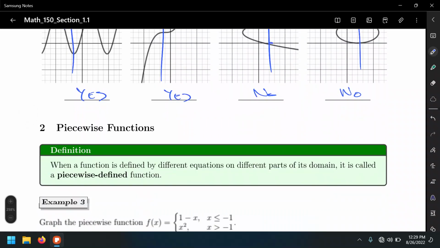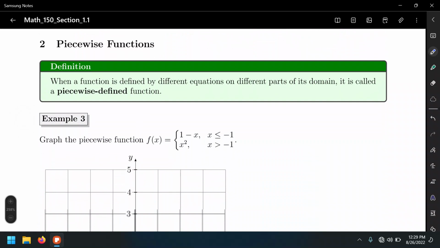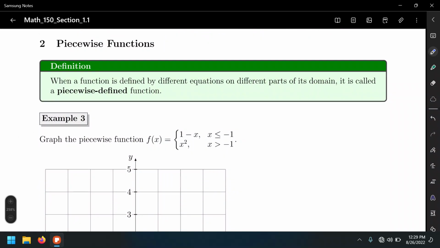Another piece of information is piecewise functions. In this case we need to take into consideration the parent functions: x squared, the opening up parabola, the diagonal line, the cubic, the V-shaped one, which is the absolute value of x, the exponential, the logarithm, and also understand what these conditions mean.